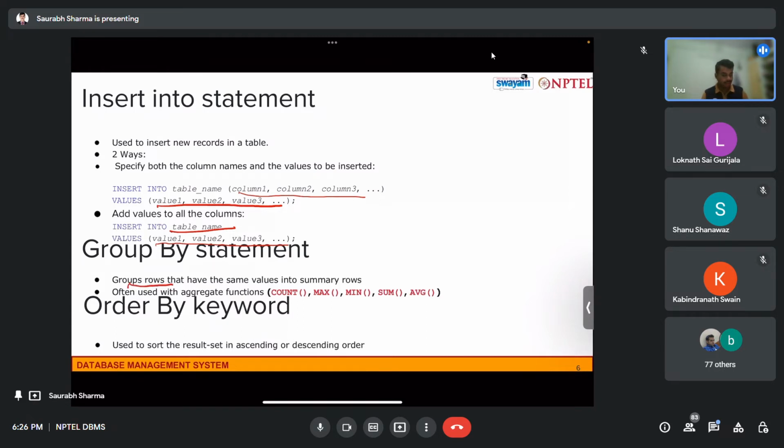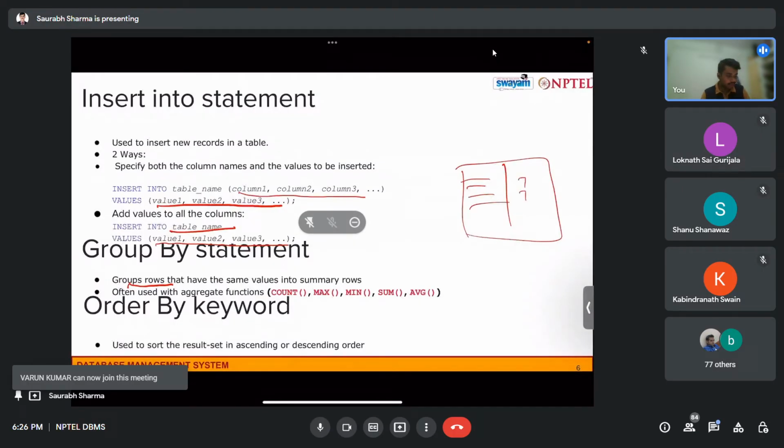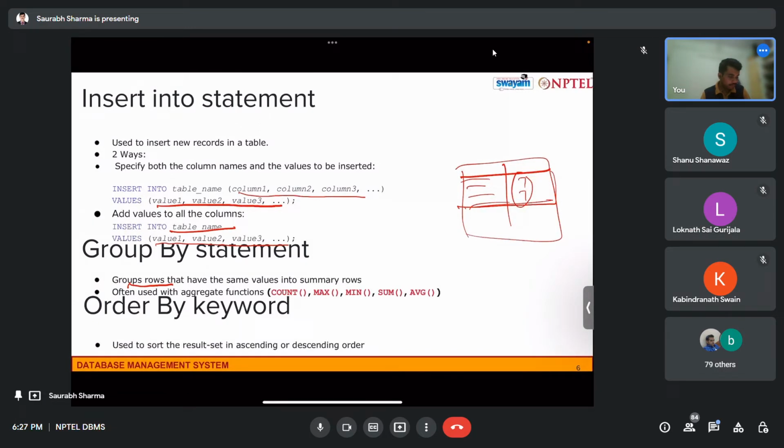If some rows have the same value in a column, we group by it and treat them as one, for aggregate functions and so on. I will solve some questions. Then there is the ORDER BY statement, which sorts the result set in ascending or descending order.